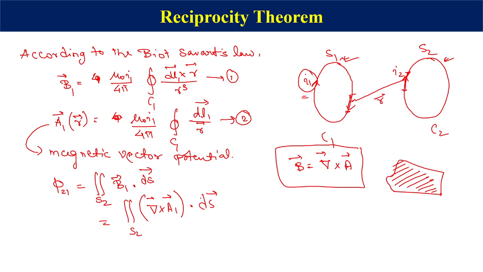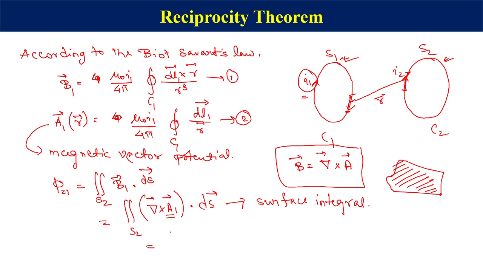Now, this is a surface integral. And we have a theorem called Stokes theorem, which says that the surface integral of the curl of a vector quantity is nothing but the line integral of that vector quantity over the line bounding the surface. So this is the magnetic vector potential A1 whose curl you have taken as a surface integral.